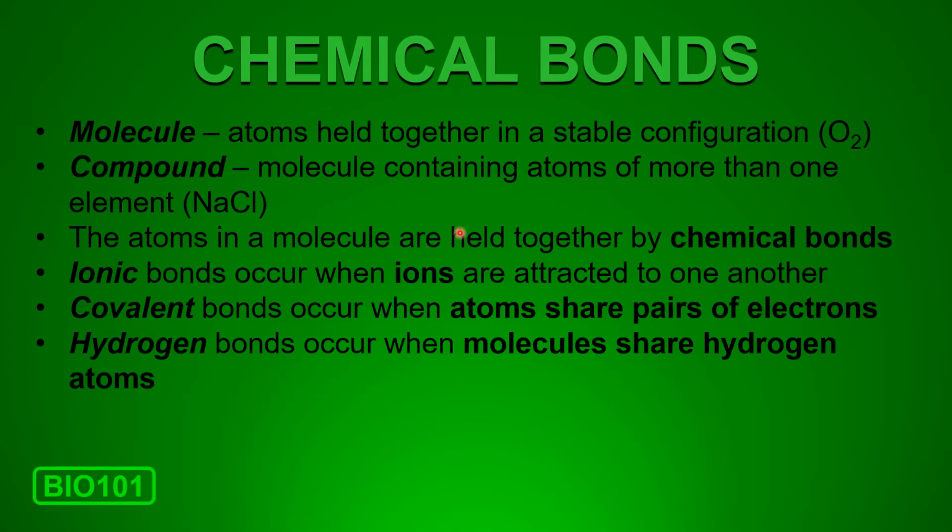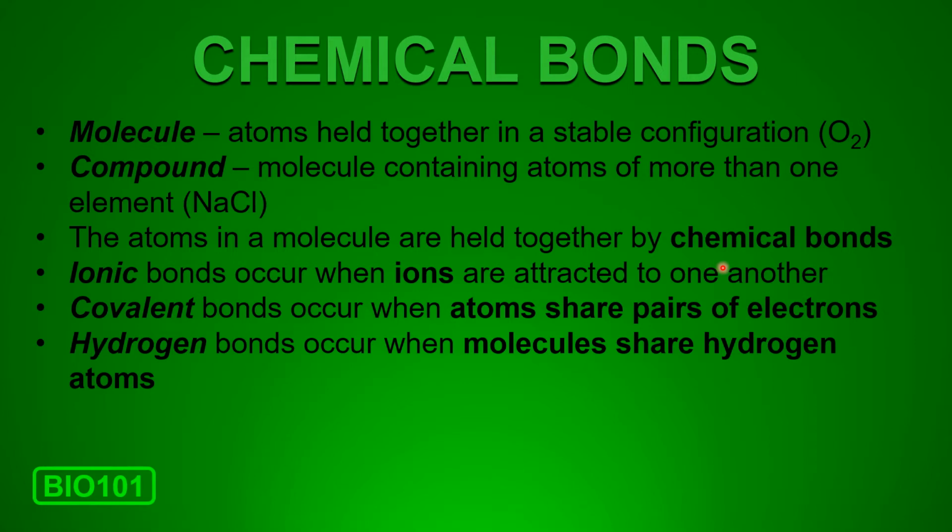Now, atoms are held together in a molecule by chemical bonds, and we mentioned three last time: the ionic bond, the covalent bond, and the hydrogen bond. And this will be important for you to remember and be able to distinguish between the three as we move forward. So ionic bonds occur when ions, that's the ionic part, are attracted to one another.